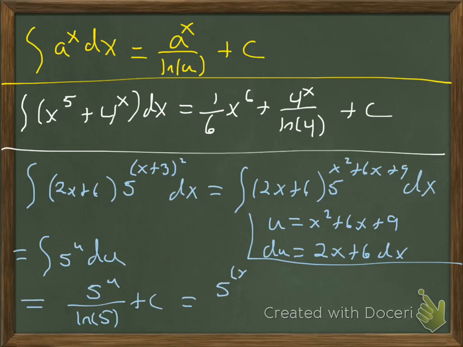And then we would like to replace the letter u with what it was originally equal to. Since I like to be efficient and write less, u was x squared plus 6x plus 9. Well, that's the same thing as x plus 3 quantity squared. So we have 5 to the x plus 3 quantity squared divided by ln of 5 plus c.